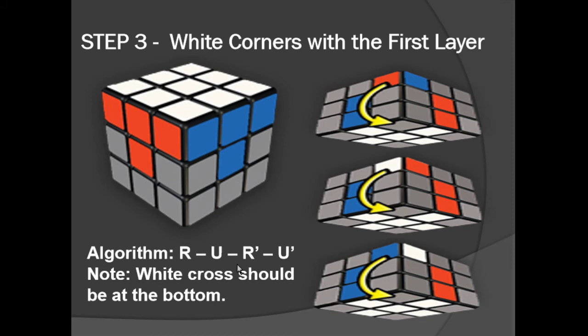R stands for right, U stands for up, R prime is a counterclockwise rotation of 90 degrees for the right side, and U prime means you rotate the upper layer 90 degrees counterclockwise. Note that the white cross should be at the bottom. That is a repetition of moves for every corner.